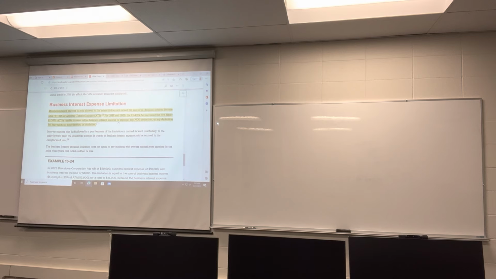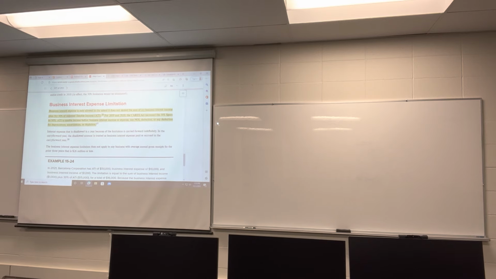Business interest expense, so the amount of interest expense that a business is allowed to deduct, is only allowed to the extent that it does not exceed the sum of business interest income plus 30% of adjusted taxable income.